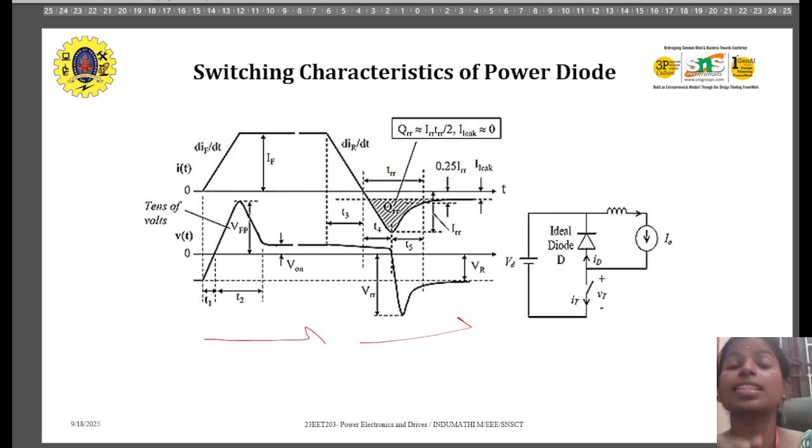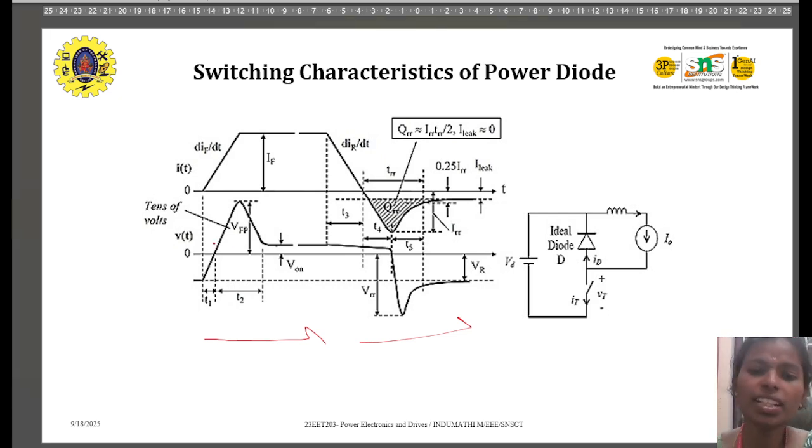Then current rises rapidly to the conduction value. And here the voltage drop is reduced to a small forward voltage drop, that is 0.7 to 1.2 volts for silicon. The turn on time is usually in the range of nanoseconds to microseconds. That is not a major limitation here.